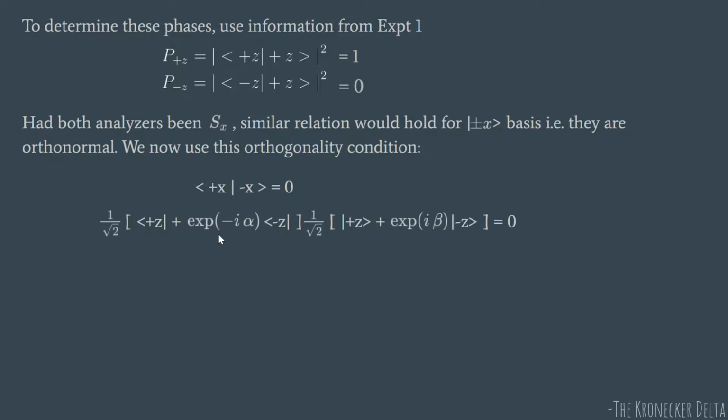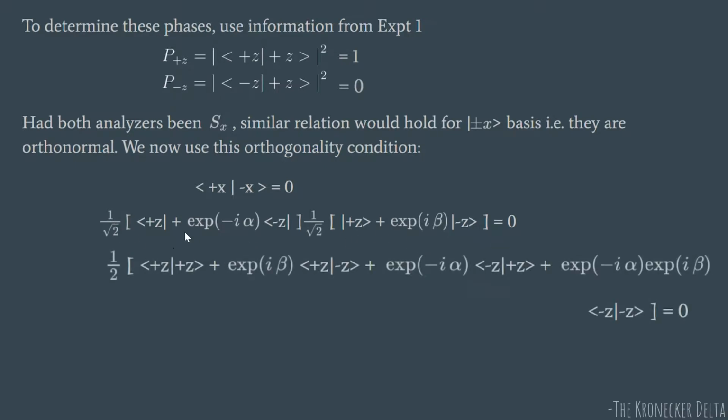Then you do the product. You just open the bracket, multiply things, and then find the expression between alpha and beta. So 1 by root 2 times 1 by root 2 goes to 1 by 2, times: bra plus z multiplied with ket plus z, inner product plus z plus z. Then you have exponential i beta here, inner product plus z minus z. Then you have exponential minus i alpha here, inner product minus z plus z.